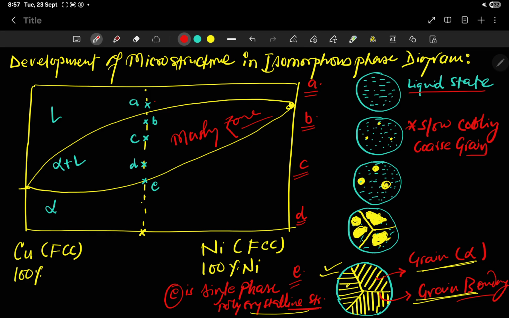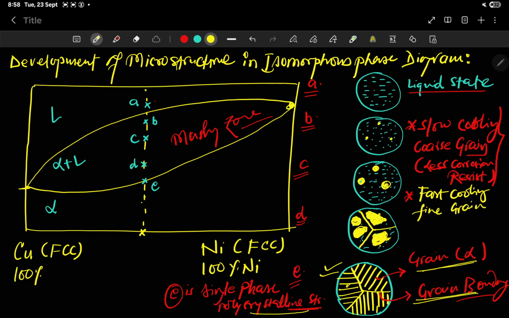And these coarse grains have less corrosion resistance. So in this case the material will corrode very easily and very fast. Okay, and if we do fast cooling, we will form a fine grain.